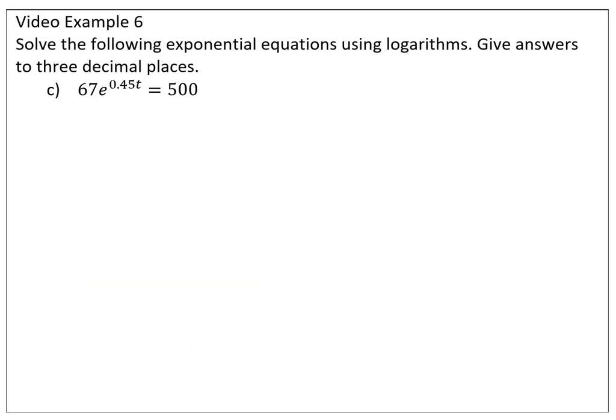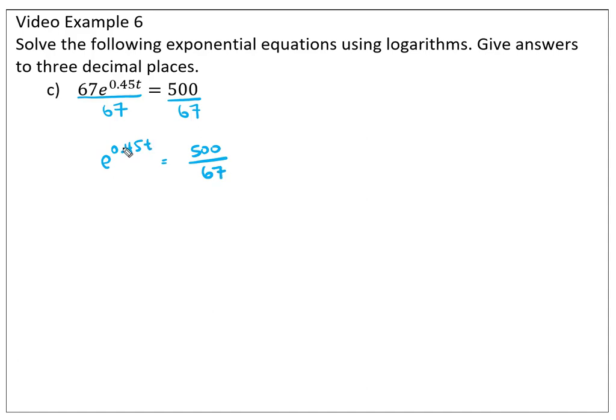Before we can rewrite this last one, we do want to divide by the 67 to isolate our exponential function. And just leave it in exact form because that won't divide evenly.